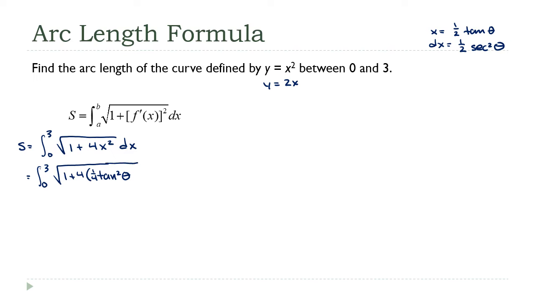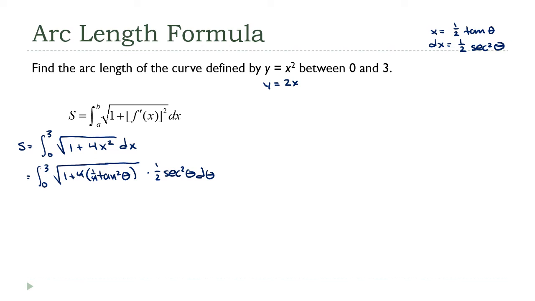You see why I needed to have that 1/2 out there? Times dx, which is 1/2 secant squared theta d theta. Okay, good. So these 4's cancel, and all I have in there is 1 plus tangent squared, which is secant squared. And we take the square root of that, and it's just the secant.